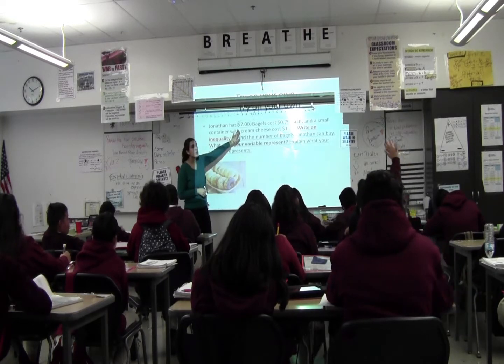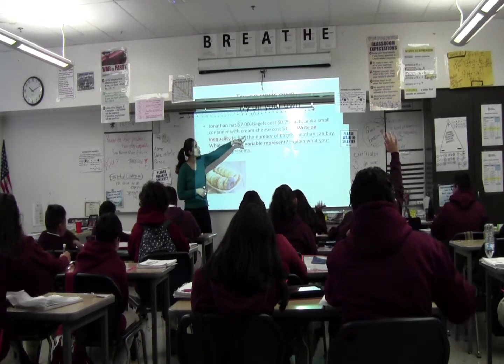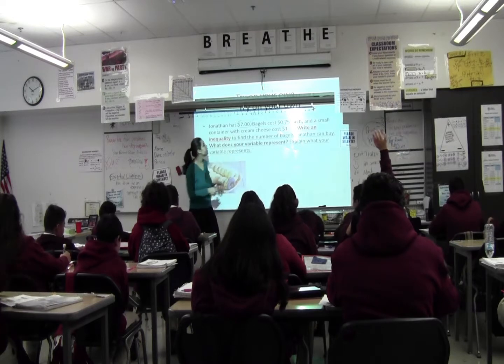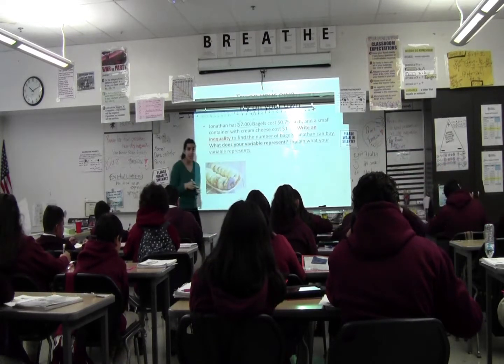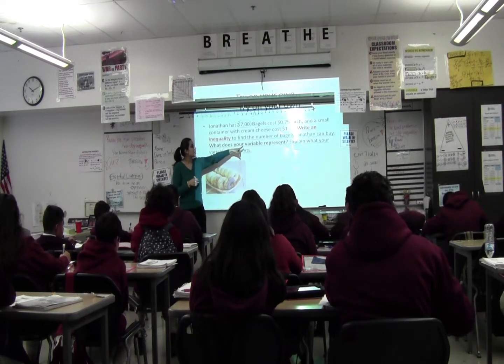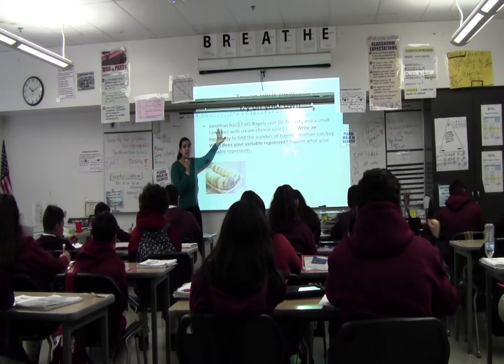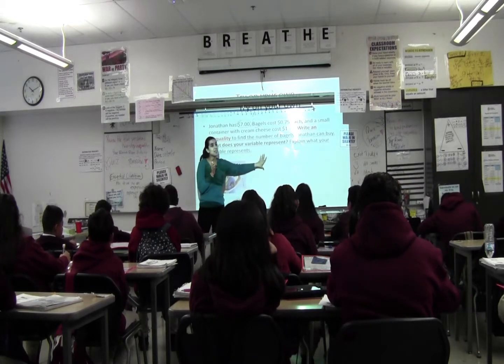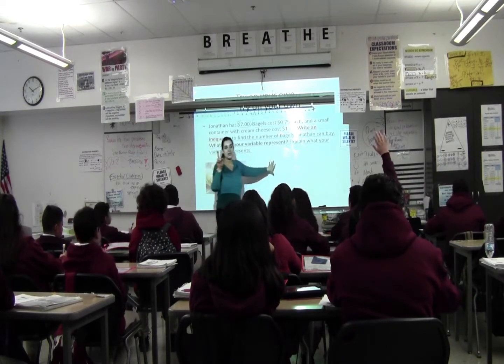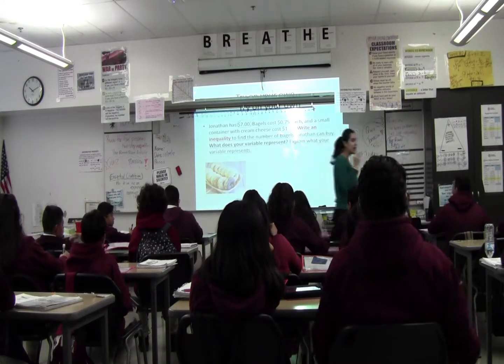I'm circling the keywords. The $7, the bagels cost 75 cents, the cream cheese is $1.29, and what you need to find out is the number of bagels that Jonathan can buy. So I need everybody to work with your partner for a minute or so and come up with the inequality. I'll give you 2 minutes to figure it out. Don't solve it, just write it out.